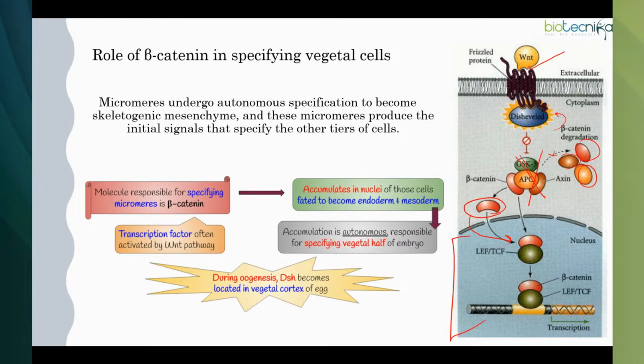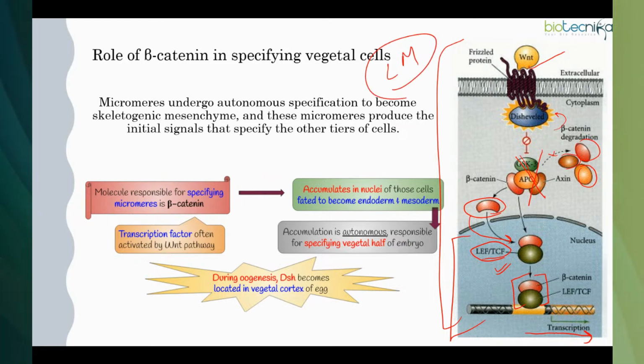This is the nucleus where it can bind with some other transcription factors to trigger the expression or transcription of the required genes, which in this case, we are talking about large micromere cells, to specify them into mesenchymal cells, skeletogenic mesenchyme, which will make the skeletal spicules in sea urchin.